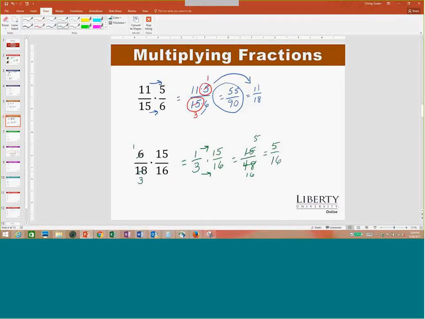At this step, I could have further simplified because I know that 3 and 15 share a common factor of 3. So that would be 1, and that would be 5. That would skip this middle step and take me all the way to the final answer. There's many different ways that you can multiply and simplify your answers. So choose which way you understand the best and just stick with that.